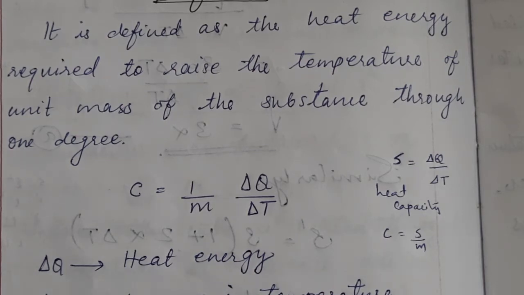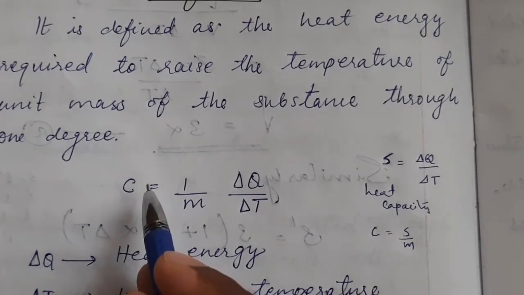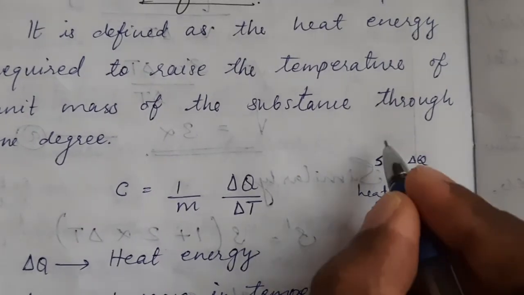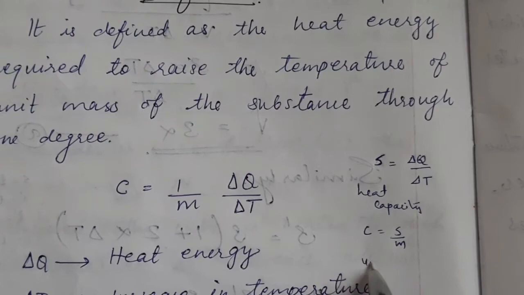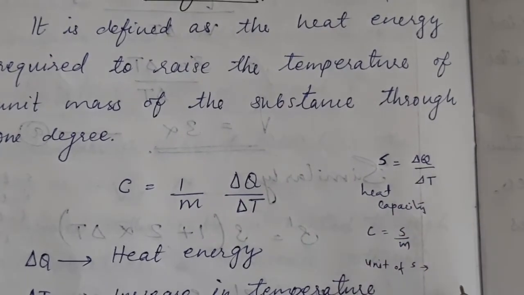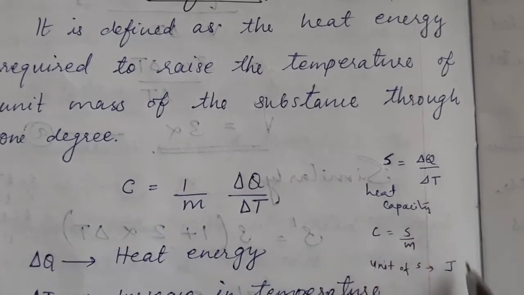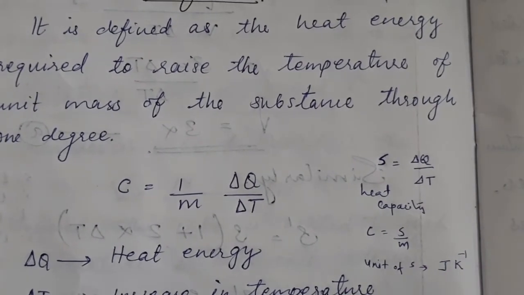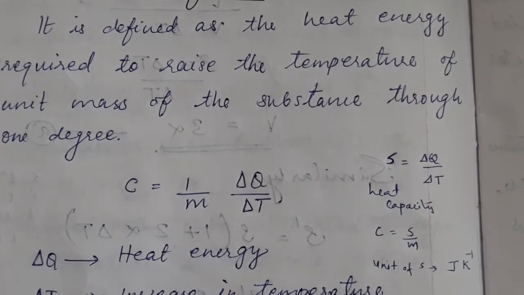Here let us check one more thing. Let us check the unit of this heat capacity or specific heat capacity. Unit of heat capacity S: this is heat energy expressed in joule, and this is in temperature, that is delta T, in Kelvin, that is per Kelvin, J by K. This is the unit of heat capacity.